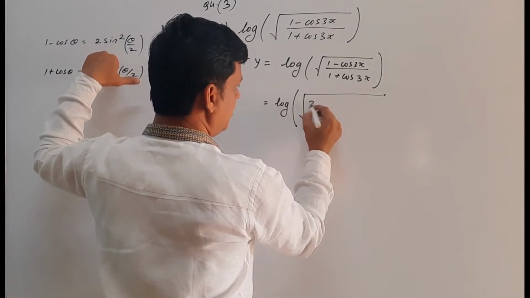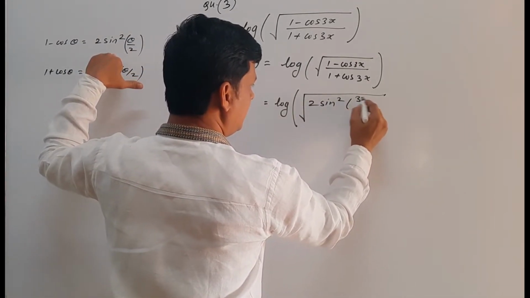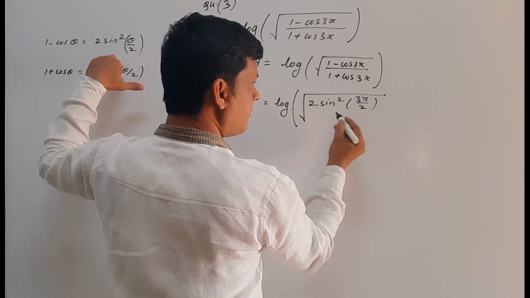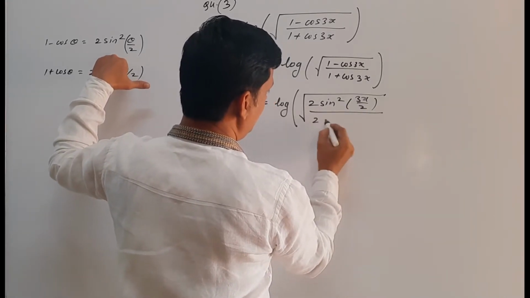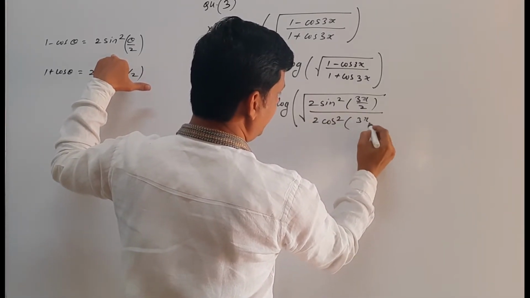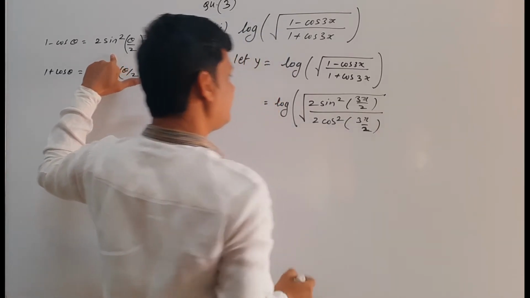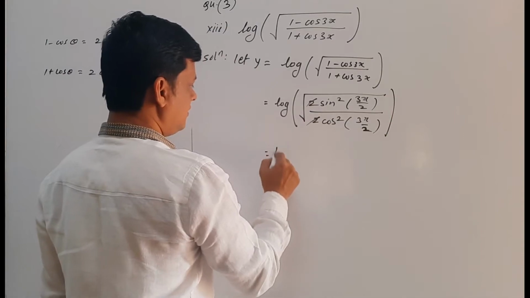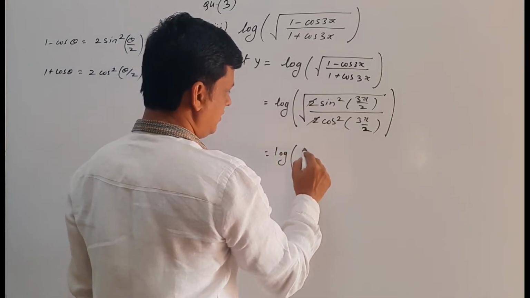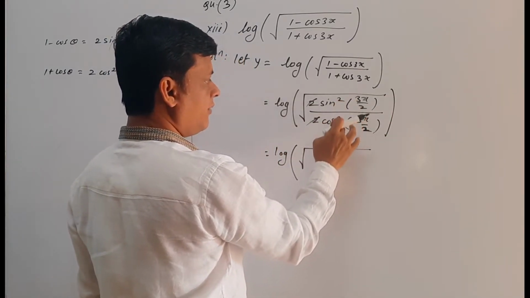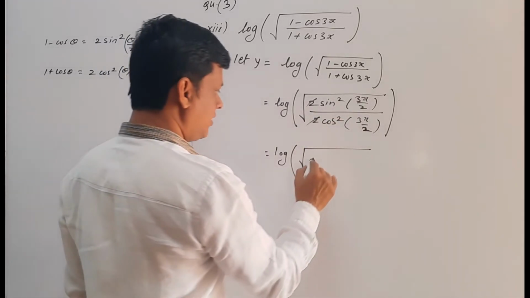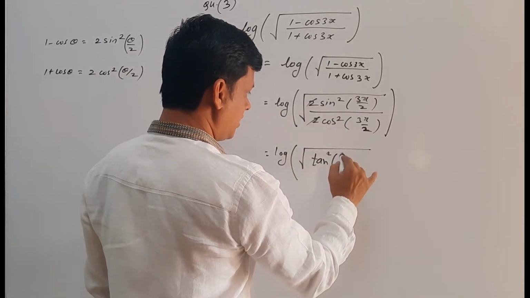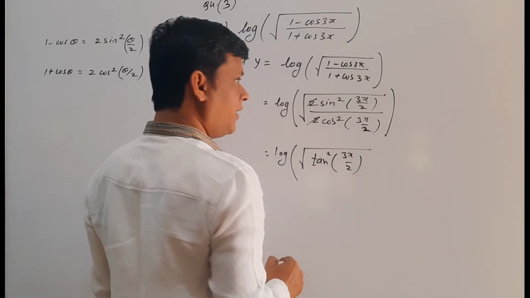So we write here 2 sin square 3x by 2 upon 2 cos square 3x by 2. So this 2 gets cancelled here, and we write this sin square upon cos square as tan square. So we write here tan square 3x by 2.